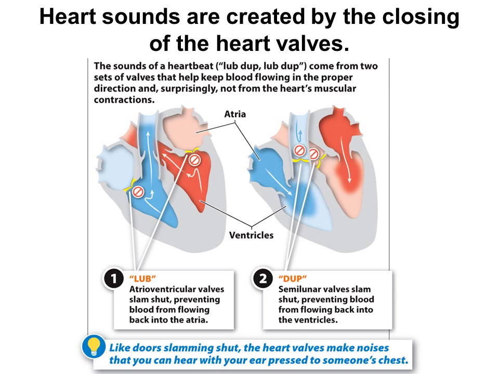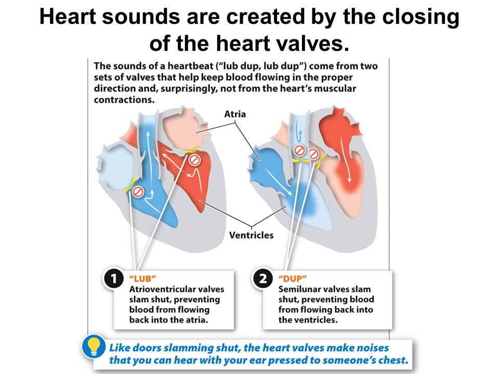So remember I said blood pools here in the atrium, and then it goes into the ventricle to get pushed out. Well, once the blood gets down from the atrium into the ventricle, you don't want it to go back up into the atrium, right? You want it to get pushed out either through the aorta or through these veins to the lungs.